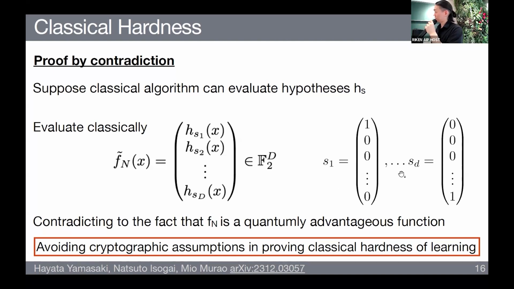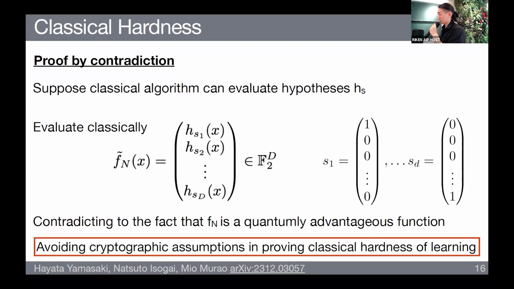But for some smart choice of parameters, we can basically reproduce all the elements of the whole values of the quantum advantageous function. And this contradicts the fact that this function is chosen to be a quantumly advantageous function. So by this kind of argument, by contradiction, we can show that no classical methods can achieve this learning task.